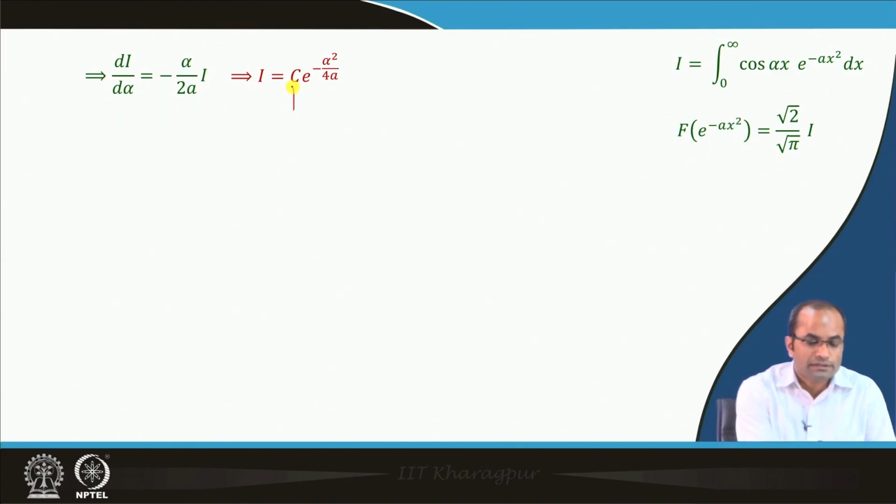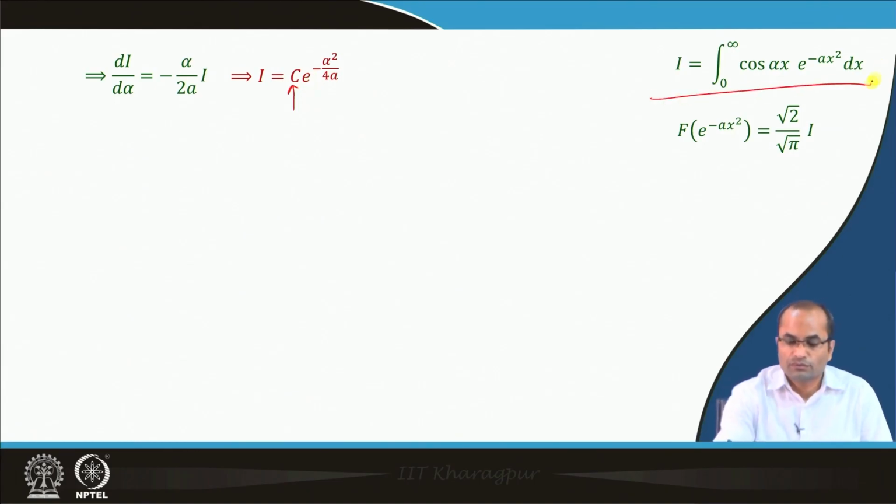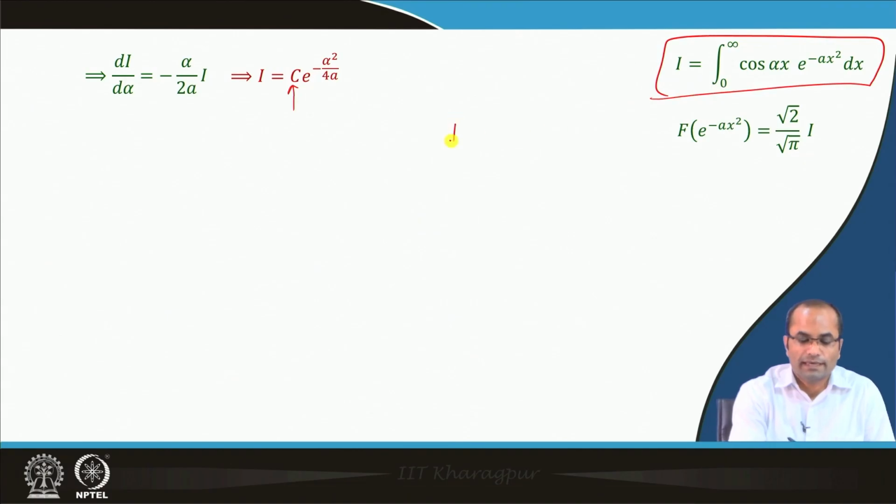And now, the question is how to get this arbitrary constant of integration. Just to recall, we have this I, and I at 0 is a much more simplified function, the integral from 0 to infinity of e power minus a x square dx.